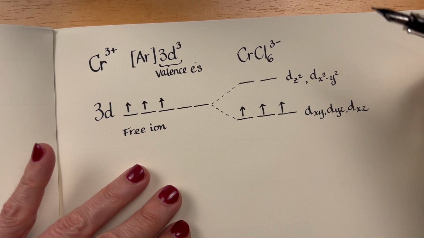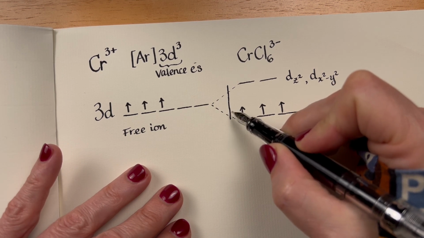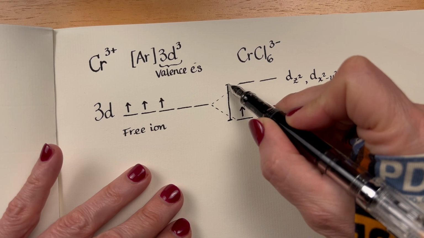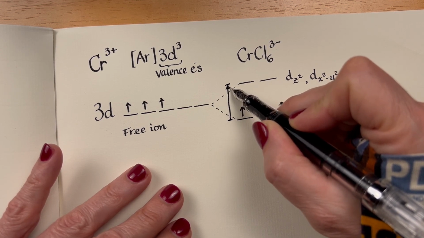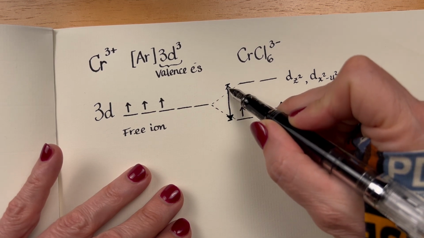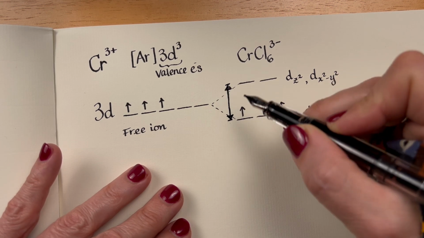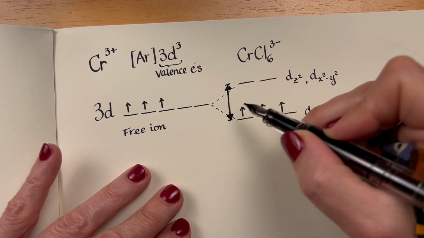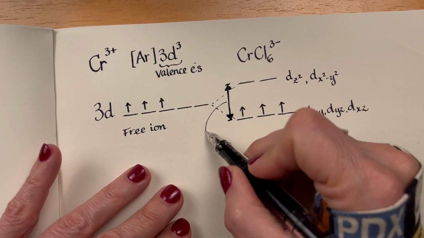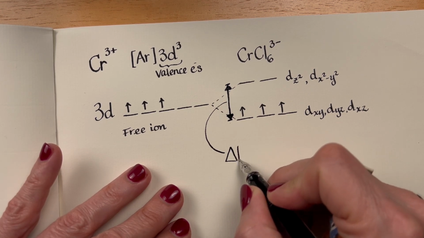Because it just so happens that the difference in this energy level here and this energy level here, so this difference here, I'm just talking about difference in energy, not an arrow to represent an electron, but just a difference in energy. Change in energy.